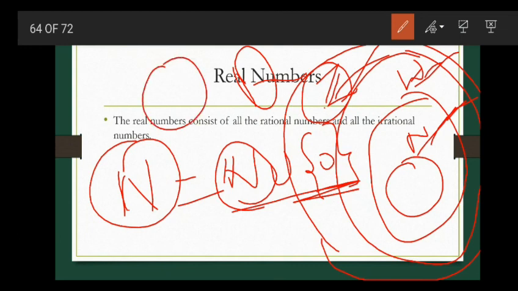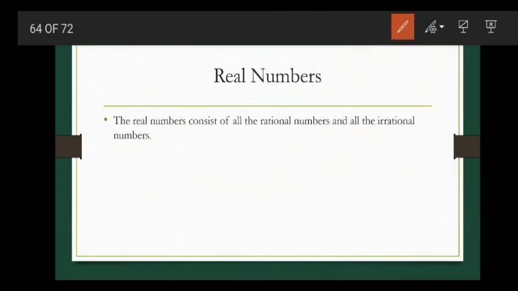Then we have irrational numbers. It is a disjoint set from the rational numbers. So this is the set of irrational numbers and this is the set of rational numbers. When you have a set which includes both rational numbers and irrational numbers, we call that real numbers. So I will write it again.